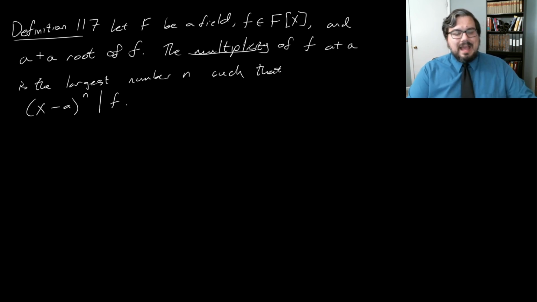Now, because a is a root of f, we know by the previous corollary that the factor x minus a must divide f at least once. It might do so more often than that, though, and so we can look at the multiplicity, which is the largest number that does it. We can use this to count the zeros of a polynomial function.